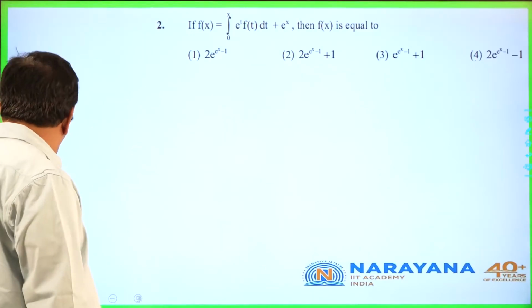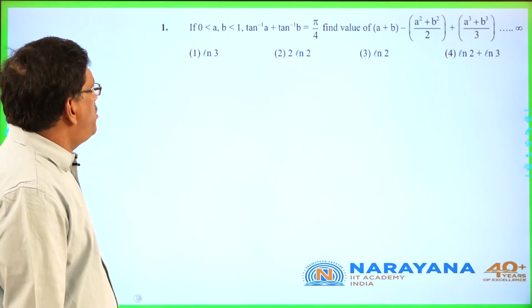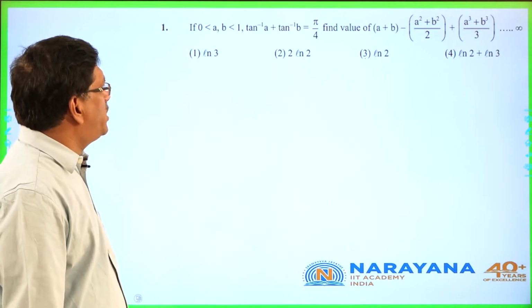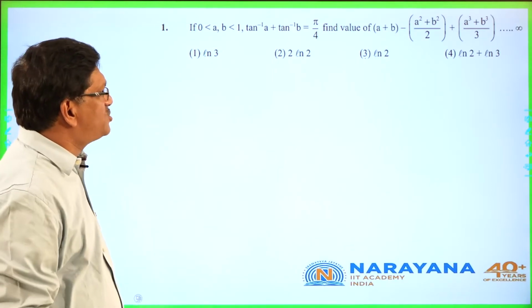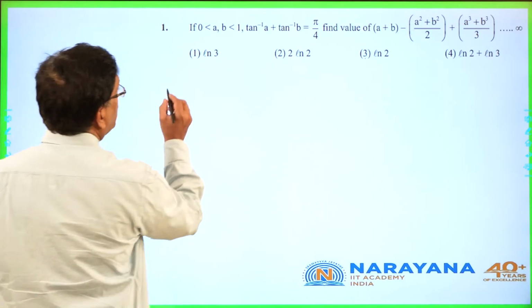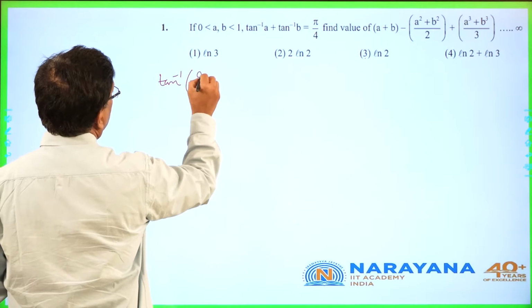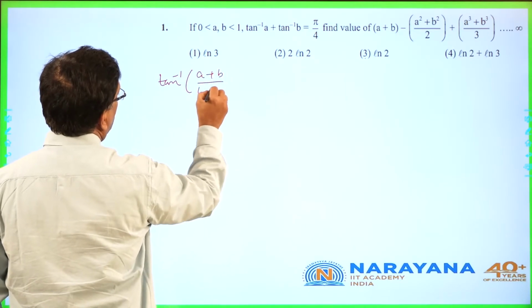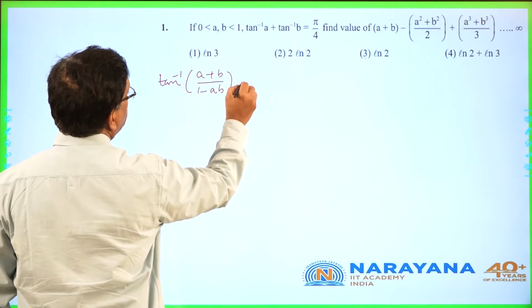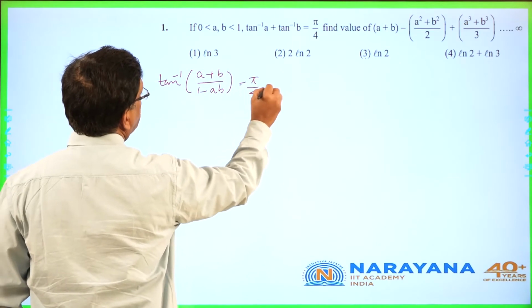Question number 1. If A, B lie between 0 and 1, tan inverse A plus tan inverse B is tan inverse of (A plus B) by (1 minus AB), which is equal to pi by 4.